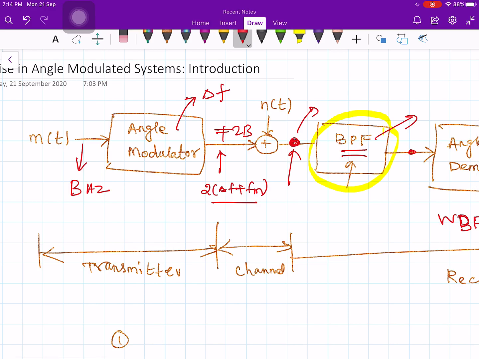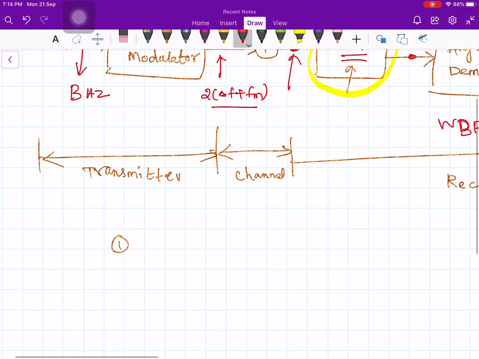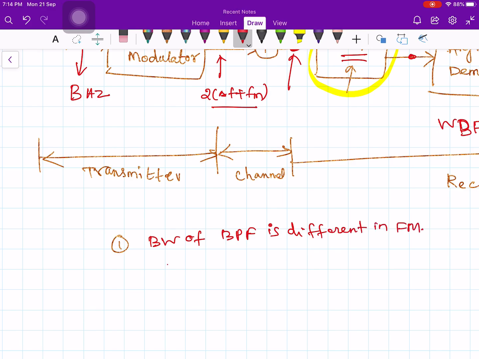So that is one difference as compared to the AM signal. The bandwidth of the band pass filter is different in FM than in an AM system. That is the first point we need to understand.